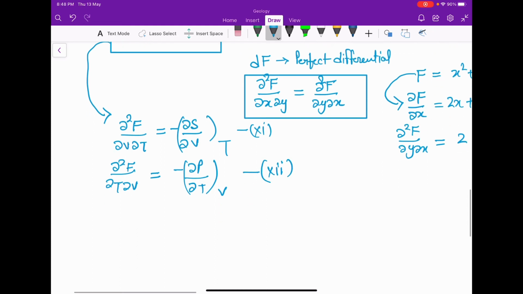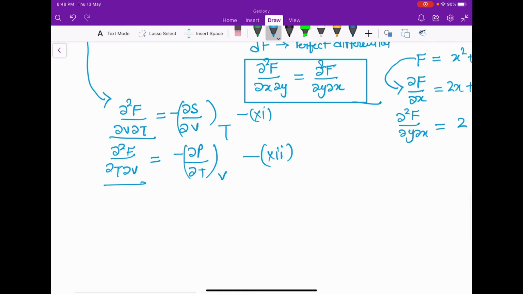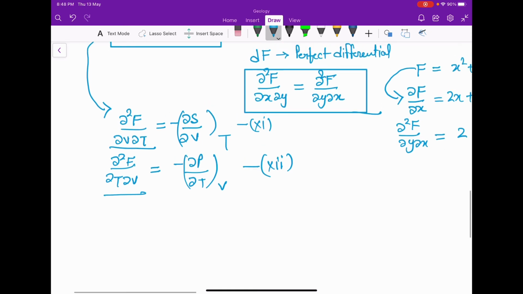From equations 11 and 12, you can see this term and this term are equal because dF is a perfect differential.